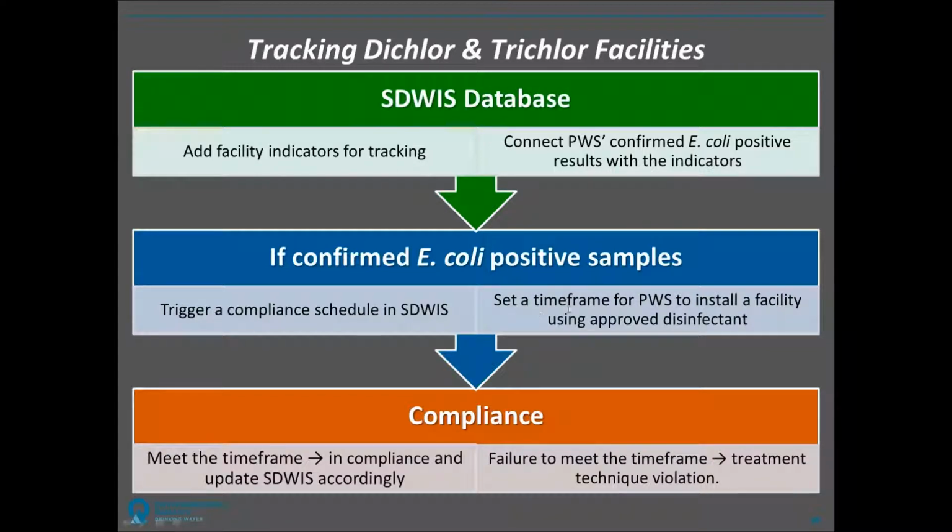And then we can set a time frame for the water system to install a facility using an approved disinfectant. If the water system can meet the compliance schedule, then they are in compliance and we can update our CITWIS information accordingly. If a water system fails to meet the time frame, we will issue a treatment technique violation.